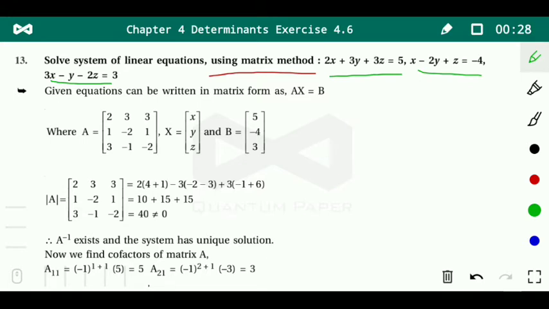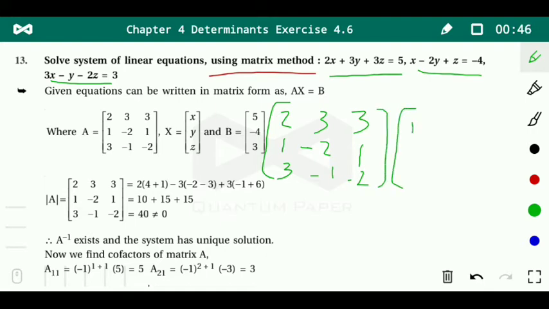So first of all, we have to convert in the matrix form. So here we can write 2, 3, 1; 1, minus 2, 1; 3, minus 1, minus 2, and here we can write x, y, z because three variables are present.